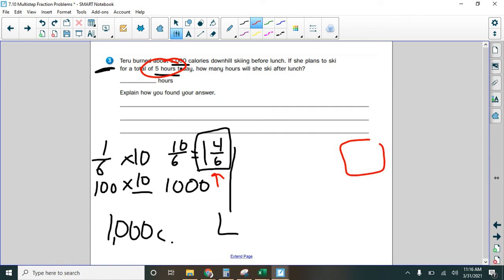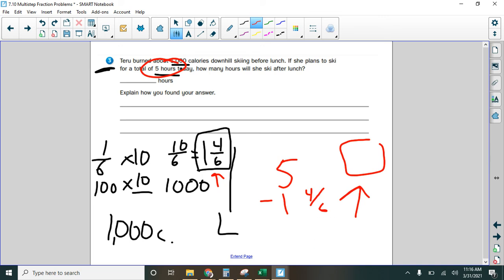So we can flip that around, can't we? What should we do now to figure out how much she skied after lunch? We need to subtract, don't we? We do. We need to subtract 5 hours minus 1 4/6. Now, don't forget about this. You can't just say, okay, I'm going to put 4/6 down here.